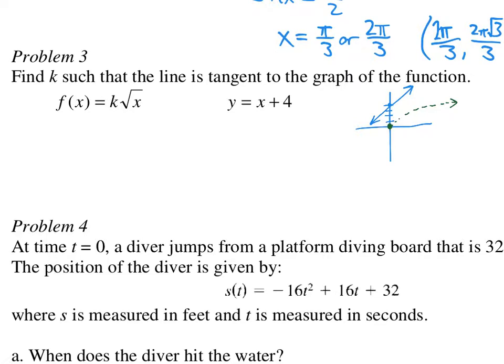Just use k to get the derivative, set it equal to x plus 4, and find k.